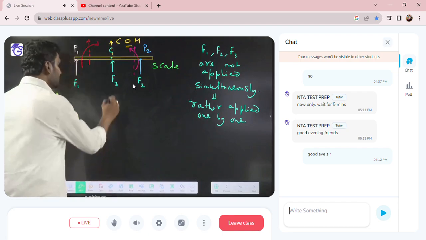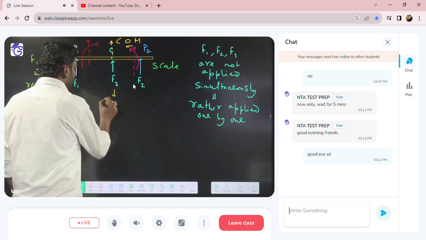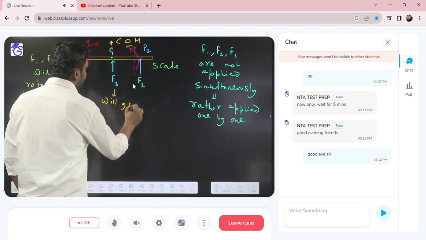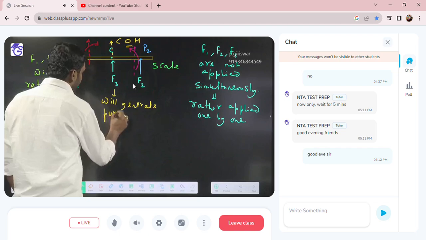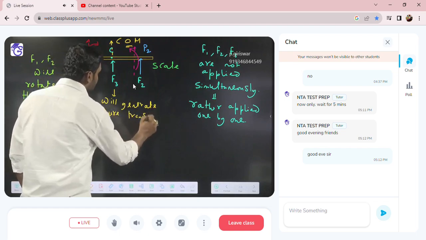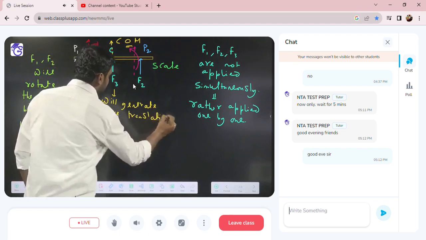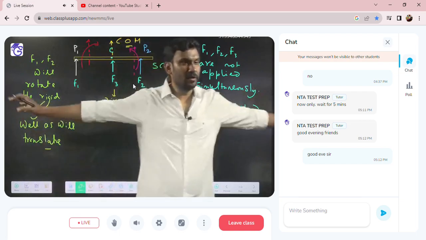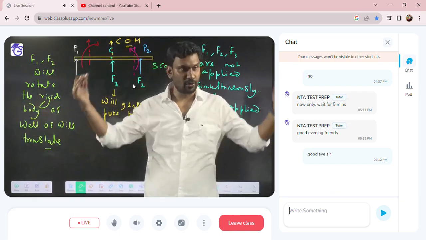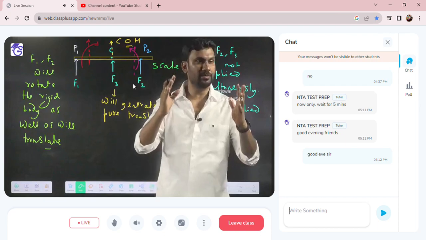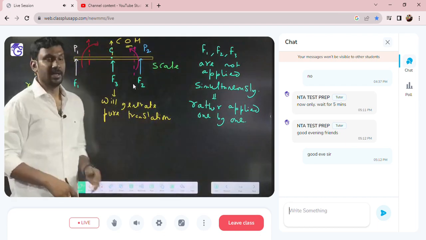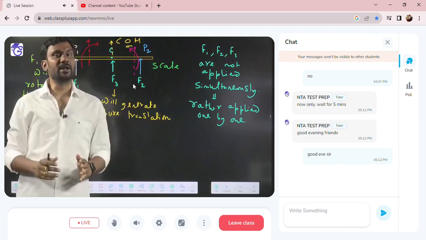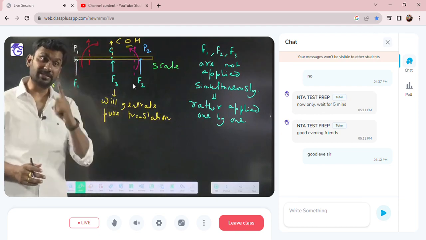So that means this will generate pure translation. These are 2 far off points. When you apply forces there, they are trying to rotate the object as well as translate it. But when you apply forces through this point C, it is only generating pure translation, isn't it? Right? That's the beauty of center of mass.